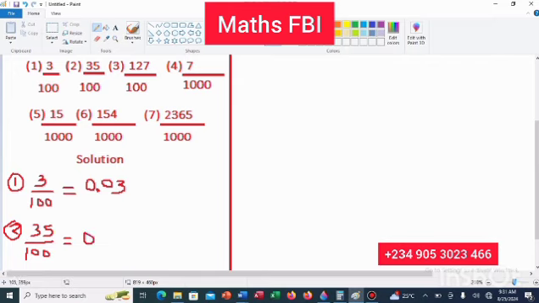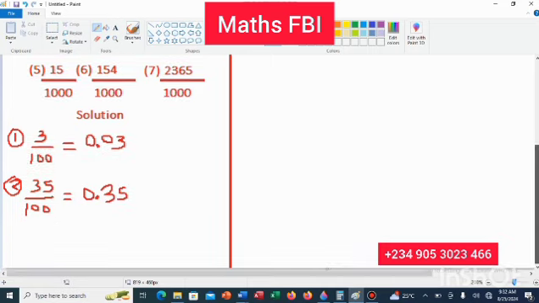And after the 0, insert your decimal point. And so how many digits are going to come after this decimal point? You count how many zeros here, 1 and 2. And so the 2 numbers that are coming are the numbers that make up the numerator, which is 3 and 5. Very simple.